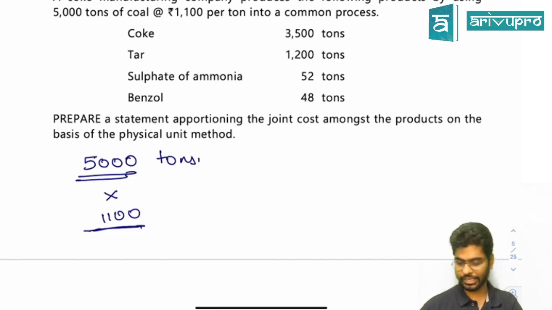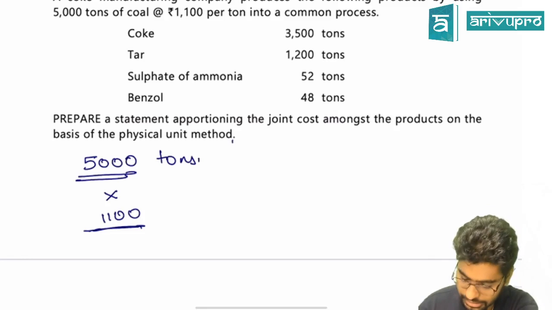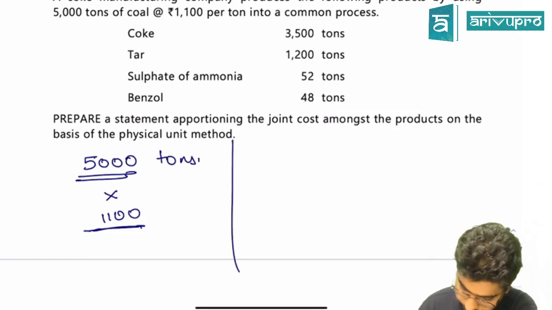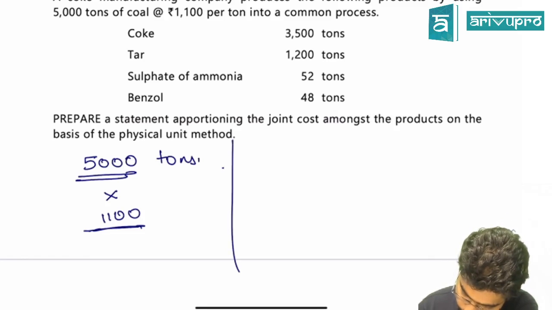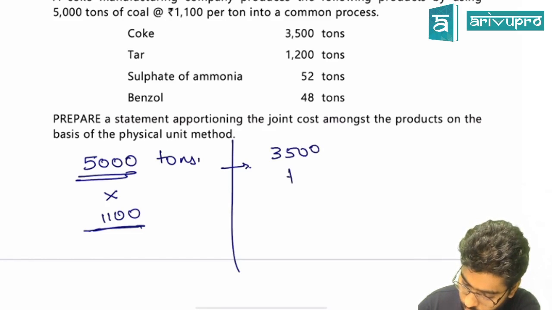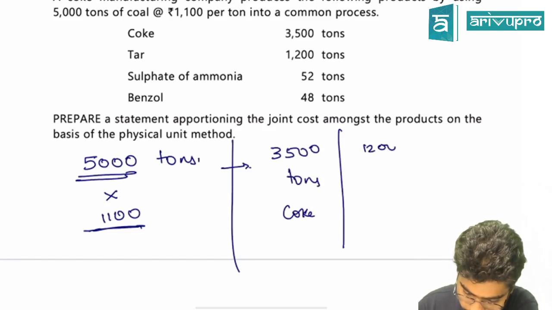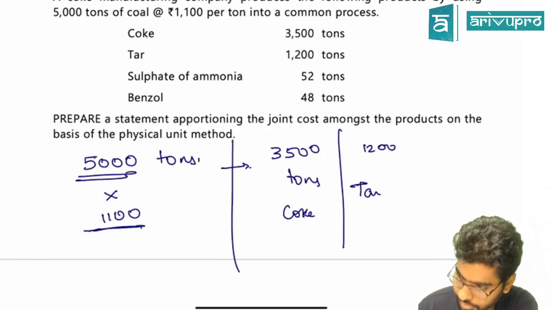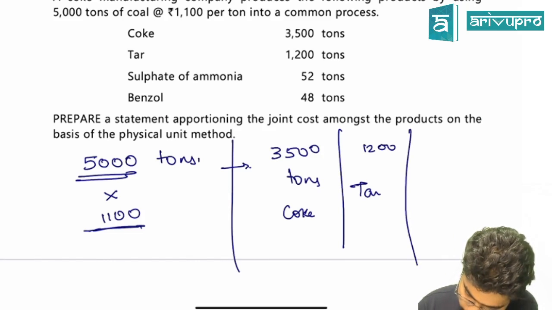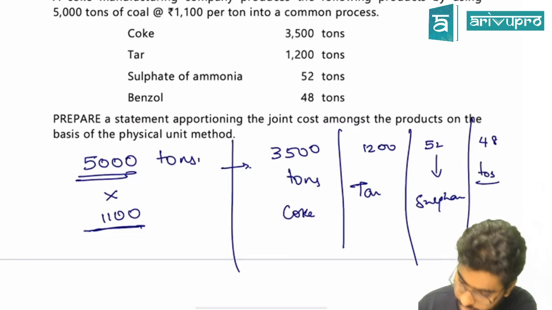Now what are they saying? This 5,000 tons is actually giving me 3,500 tons of coal, 1,200 tons of tar, then 52 tons of sulphate and 48 tons of benzol.